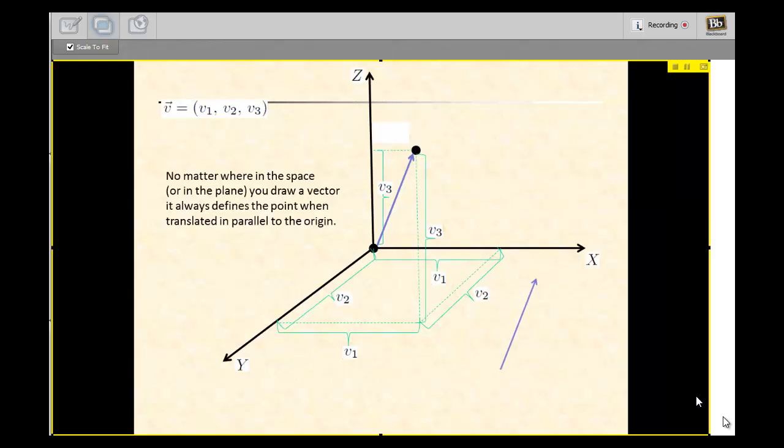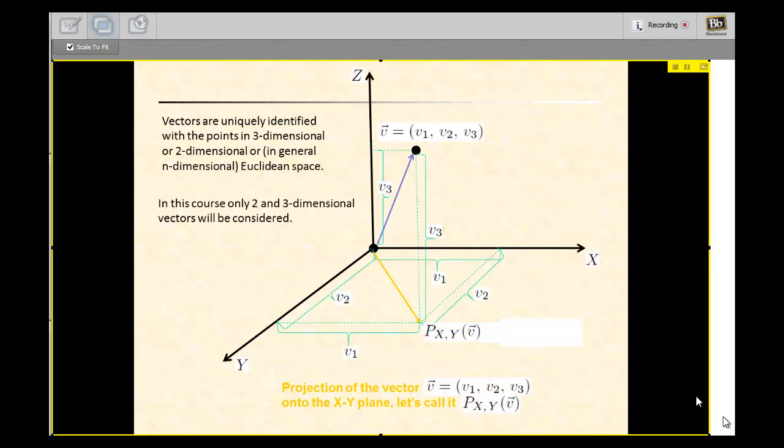We can move that vector from here to here, or anywhere in this plane. There is no change. Like this, we are drawing, showing how the vector is going.